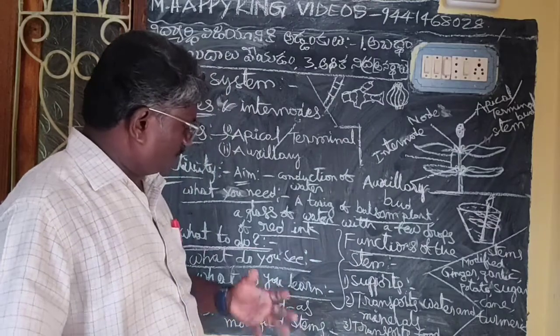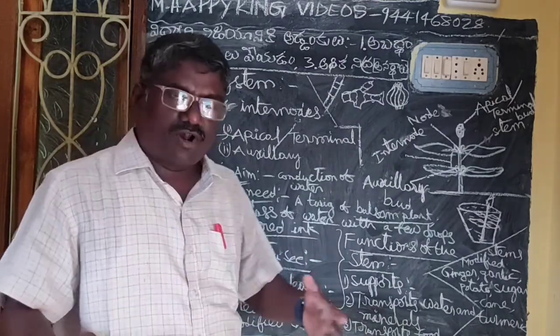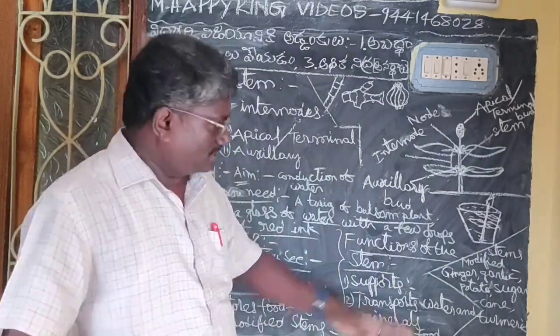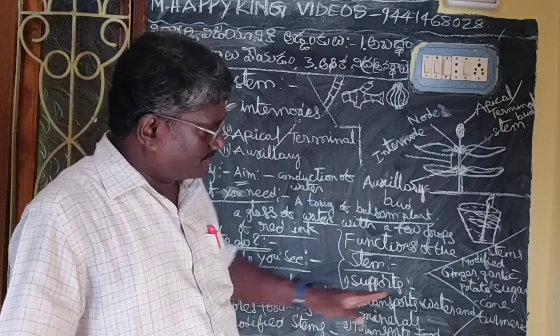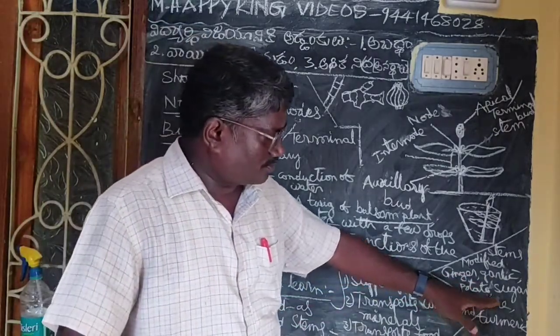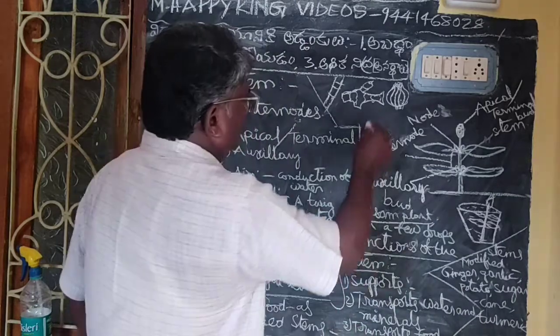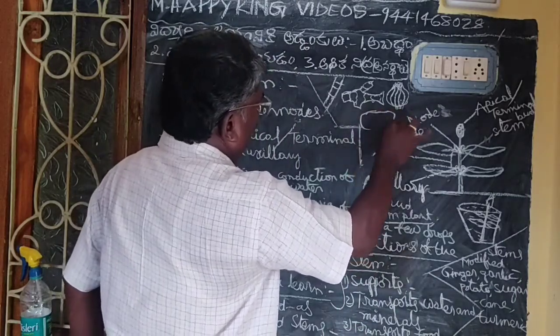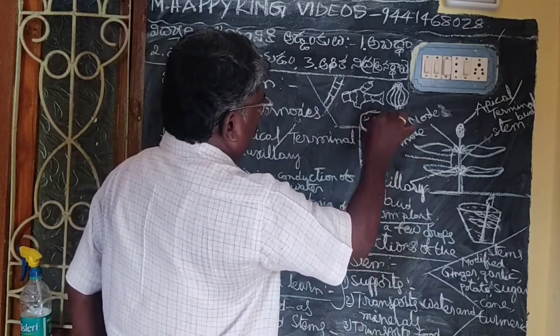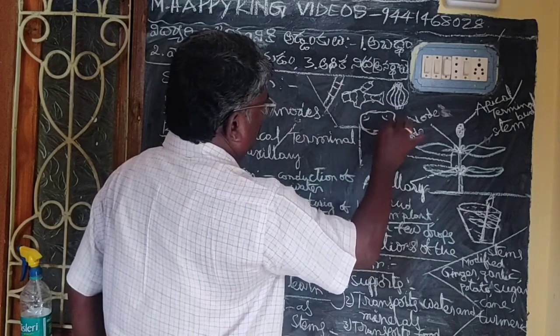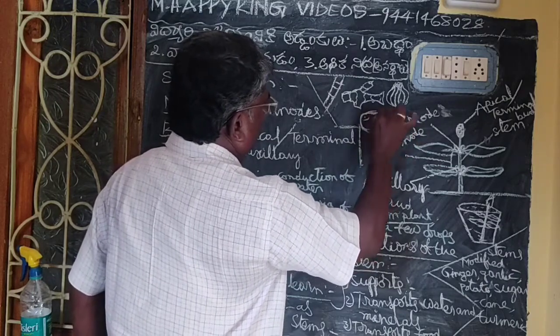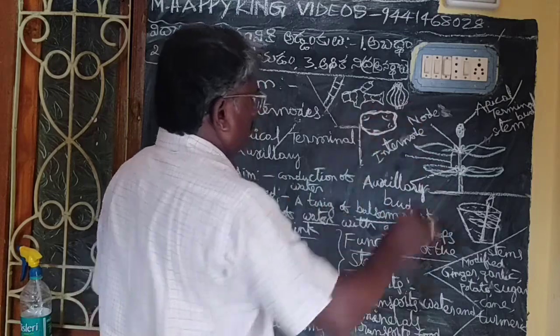The fourth one: stores food in it as modified stems. The examples of modified stems are ginger, garlic, potato, sugarcane, turmeric, etc.